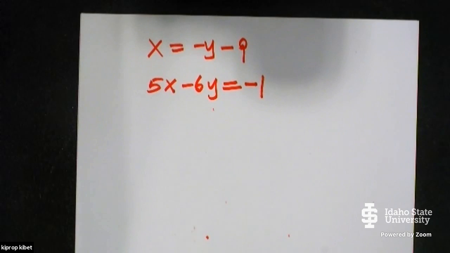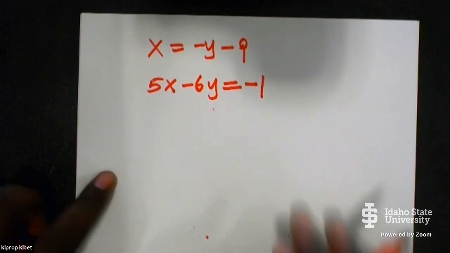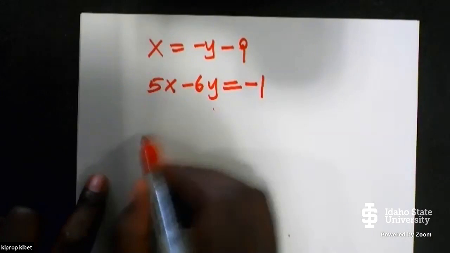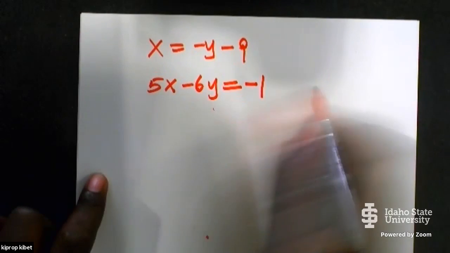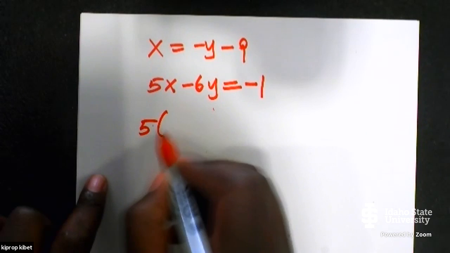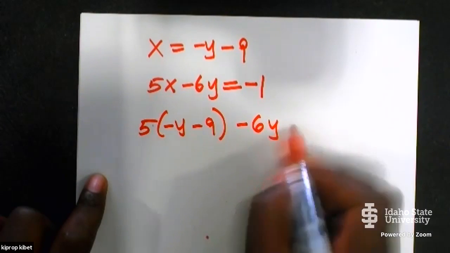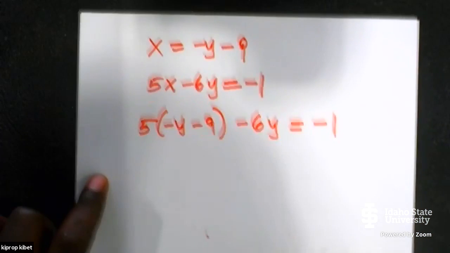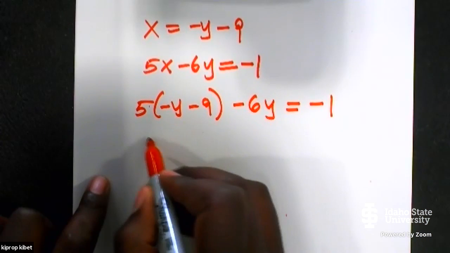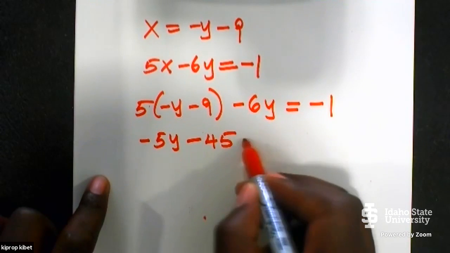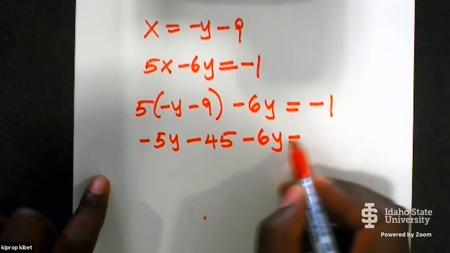So what did you get? So we do substitution there. Where the value of x is, you put it in equation number 2. So 5 times minus y minus 9, minus 6y equals minus 1. So you open the brackets: minus 5y minus 45 minus 6y equals minus 1.